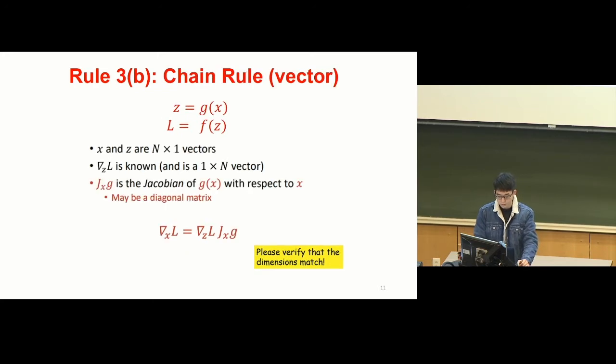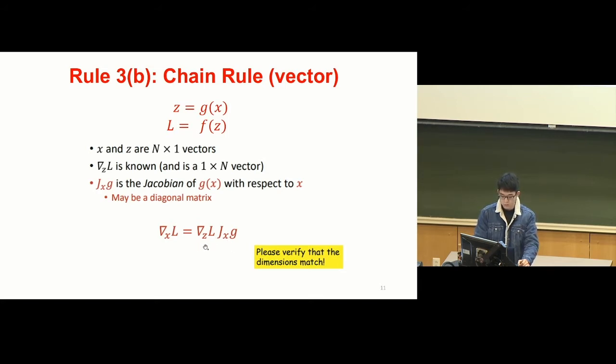Next is the chain rule. Here, one thing different is the Jacobian matrix of g(x) with respect to x. We're going to notate it as J_x g, and sometimes it may be a diagonal matrix. So the partial derivative of L with respect to x equals the partial derivative of L with respect to z times the Jacobian matrix J_x g.